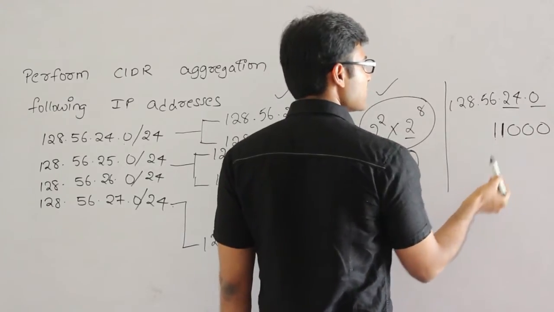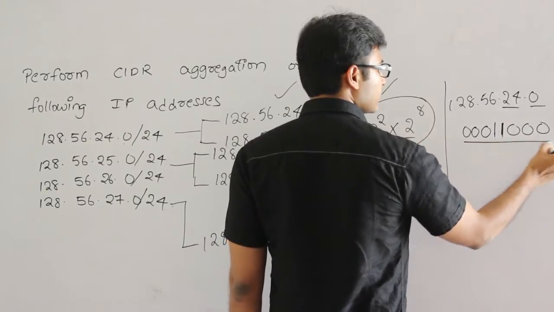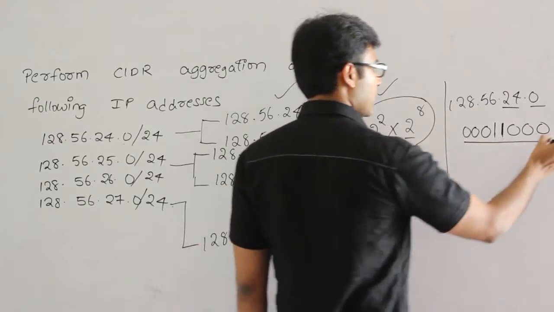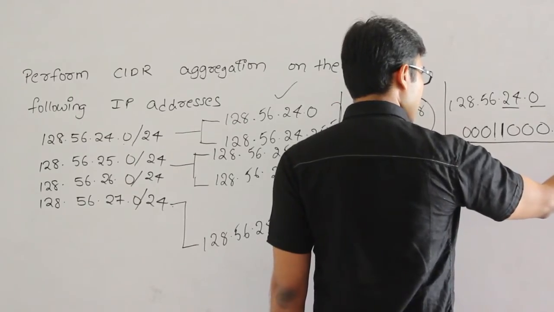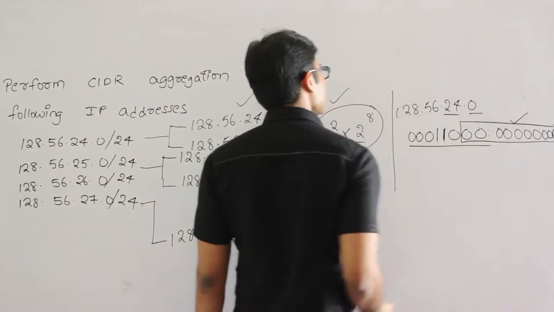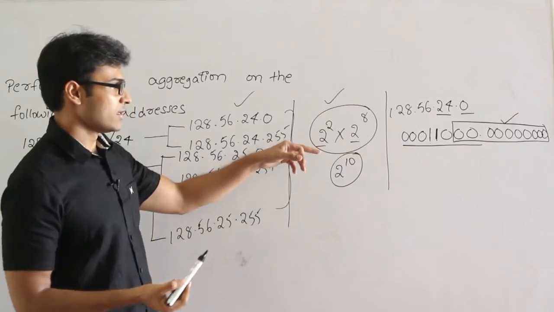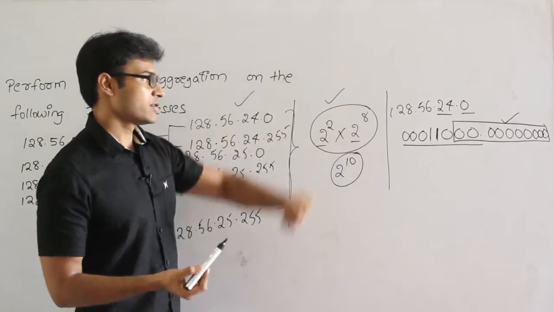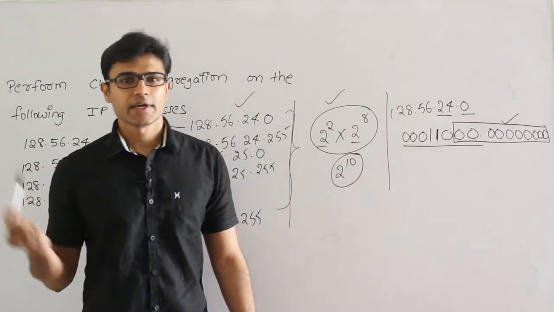Because this is 8 and this is 16. 24 is this, and then all zeros for the remaining 8 bits. Therefore, the least significant 10 bits are all zeros. Since the least significant 10 bits are all zeros, the first IP address is divisible by the size of the block.